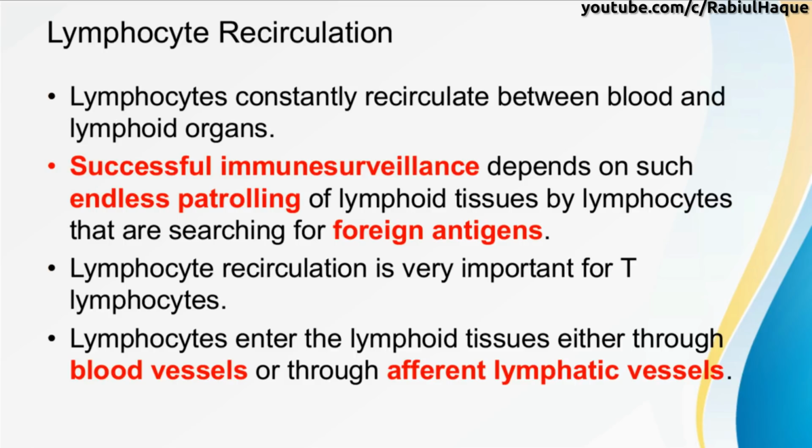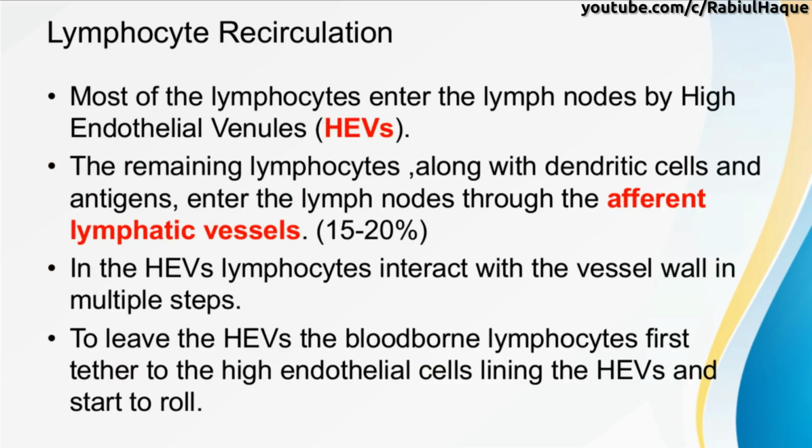Now always remember, lymphocytes can enter the lymphoid tissues either through blood vessels or through afferent lymphatic vessels. For example, most of the lymphocytes will enter the lymph nodes through blood vessels, and if I want to be more specific, they will enter with the help of high endothelial venules.